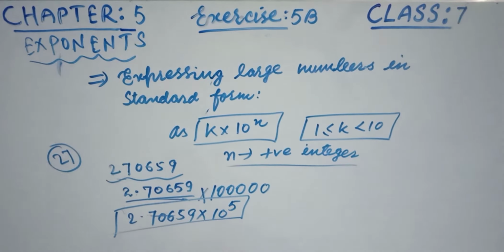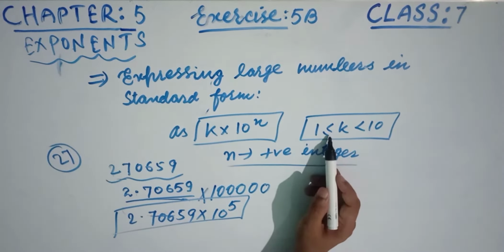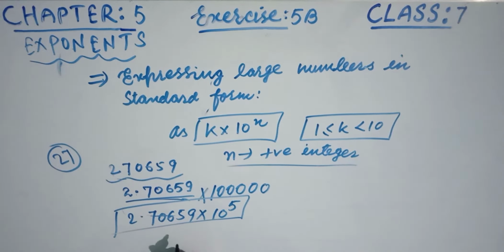So look at this, friends, this is 2 point something, which means this is greater than 1 but less than 10. So this number is k. This is nothing but k, and this is 10 raised to power n.